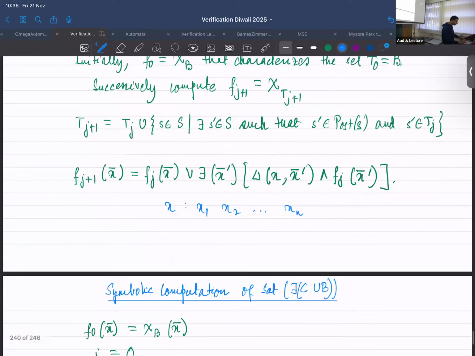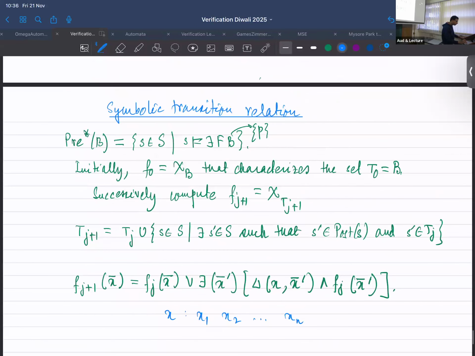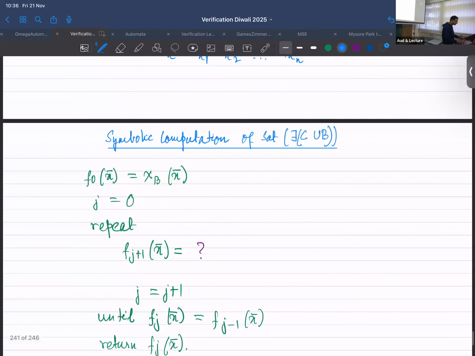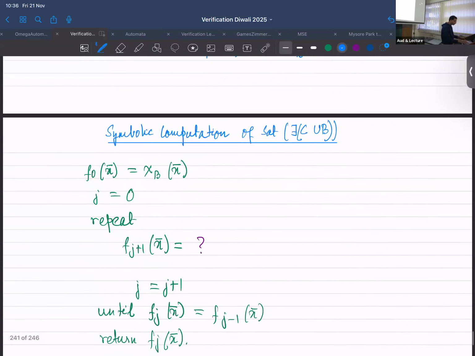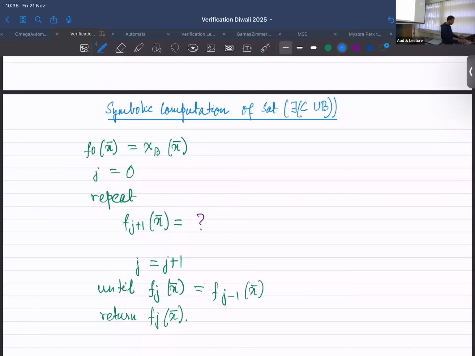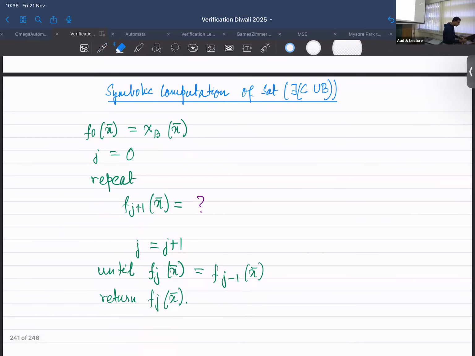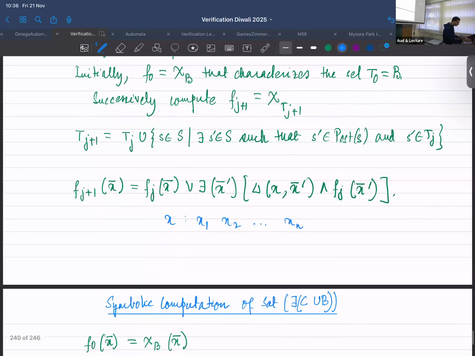Okay, so this is just for the exists eventually. A slightly more generalization of eventuality is the until operator, right? Like you can talk about exists, for example, C until B. So what is that fj here? Let me bring it here.